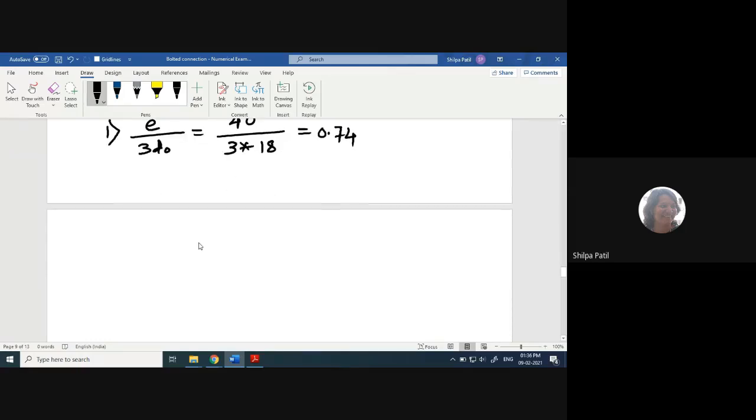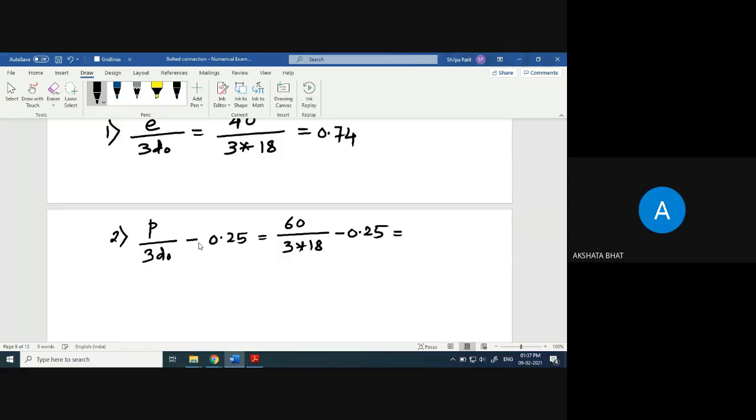Second is p upon 3d0 minus 0.25. So p is 60 upon 3 times 18 minus 0.25, which is 0.86.